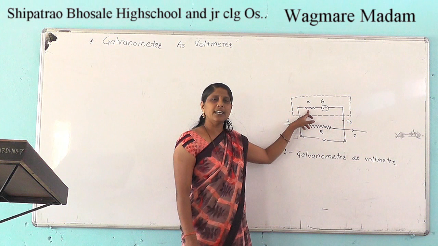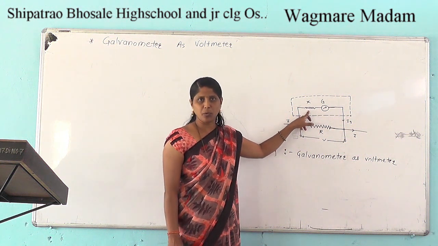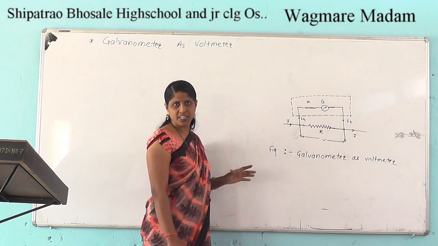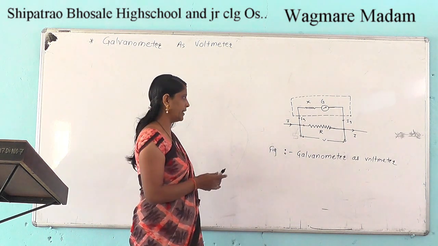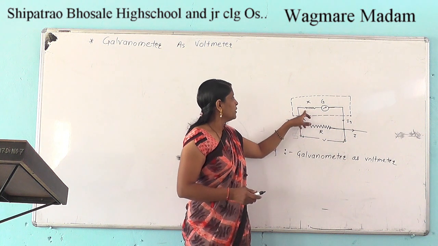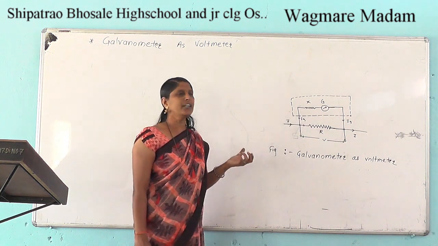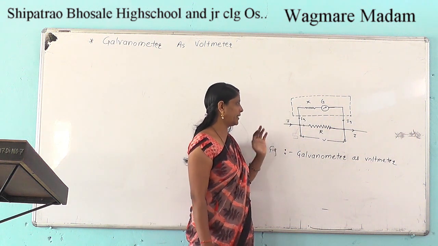This high resistance protects the galvanometer, so a small, required current will flow through it.